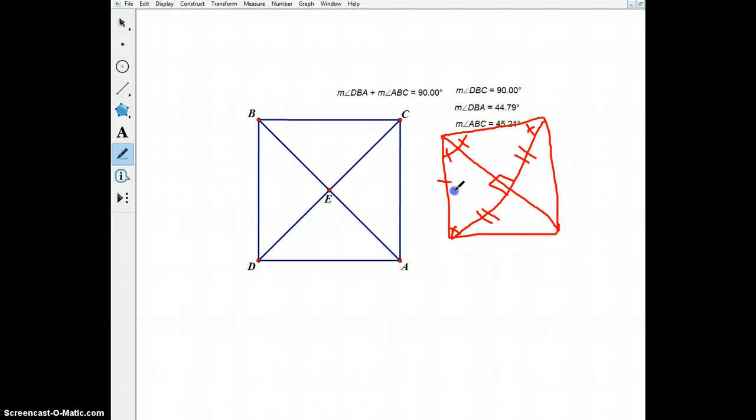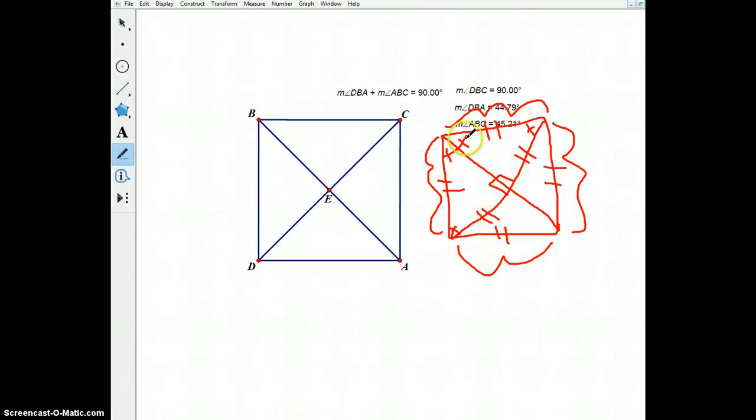That's making these the same length. And if this side and this side are the same length, that means it is the same length as this side and this side. So therefore, if this is 45 degrees or an angle bisector, then the whole object has to be a square.